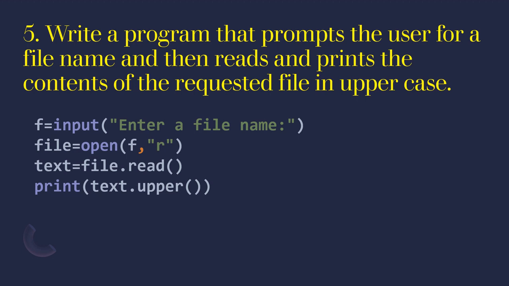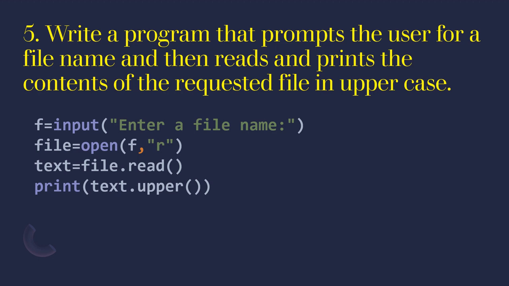Now this is a very easy program where the user has to provide a file name, and it will read the content of the file and print it in uppercase. So for that purpose, we take a variable f, and the file name entered by the user will be stored in f.